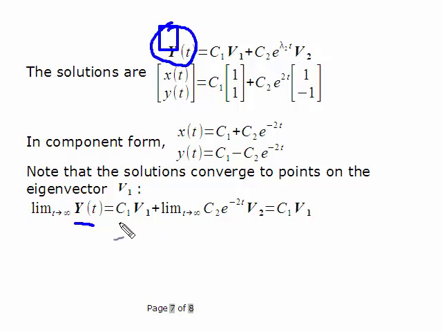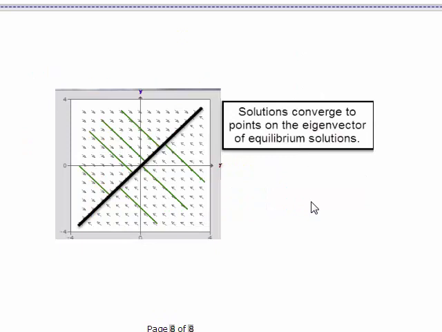Okay, c1 v1 is not time dependent, so that stays. But the limit of this other term goes to 0. So these solutions are approaching that first eigenvector. And here's what the pattern looks like.